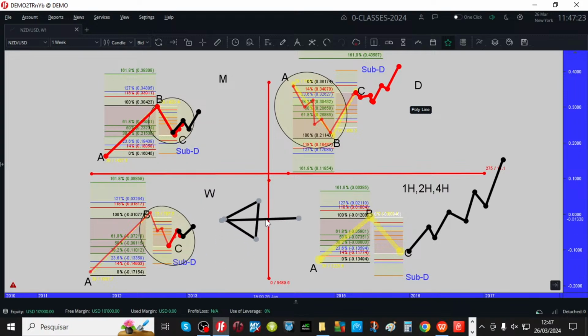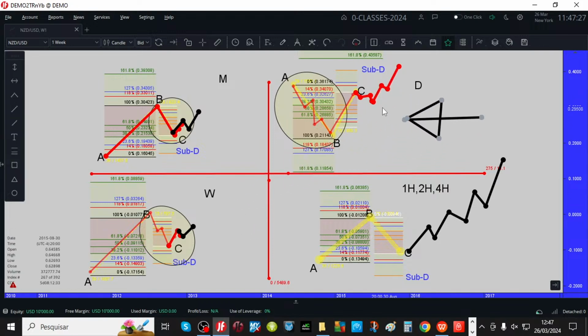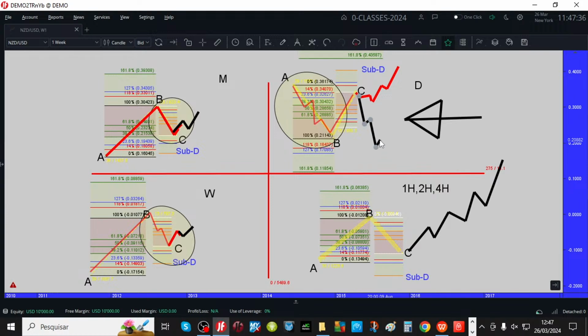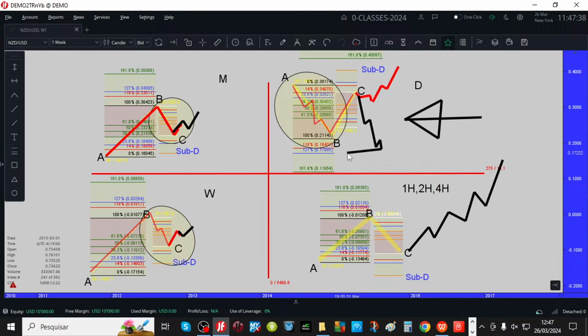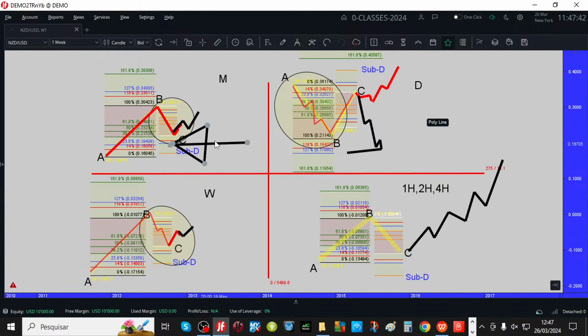And one more time, this doesn't mean that the market on the daily cannot fall, but the daily Fibonacci is not going to fulfill the extension. Make sense? Why not? Because of those two guys.